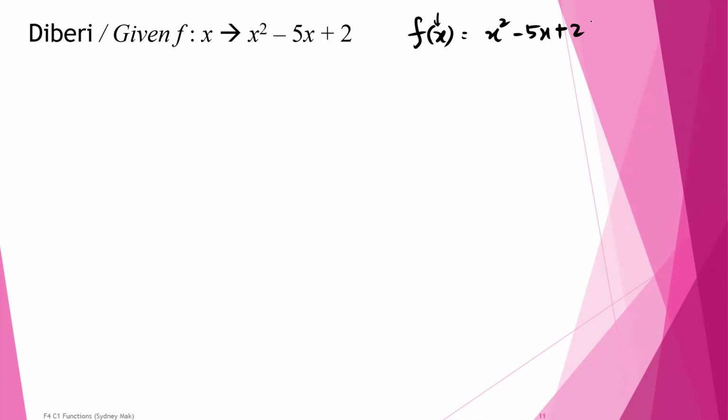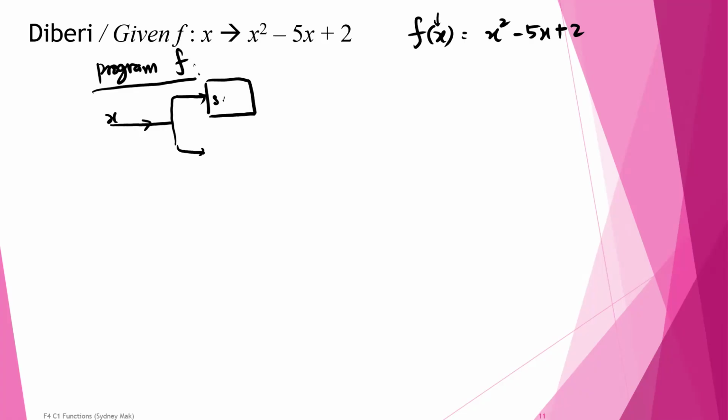Are you okay? In terms of a diagram, if this is the production line, I have a program f. When my x comes in along this belt, two things are done concurrently. One is being squared, so that you come out as x squared.